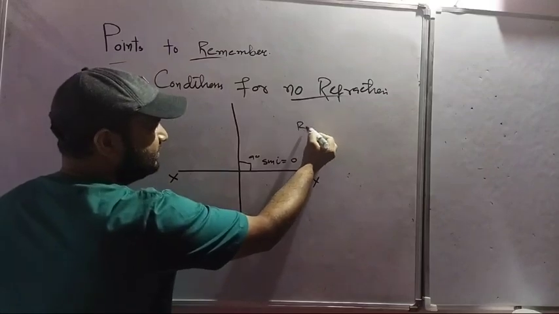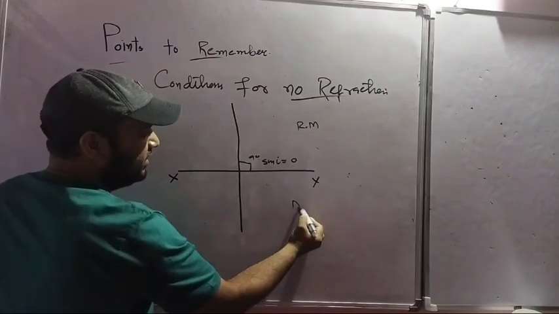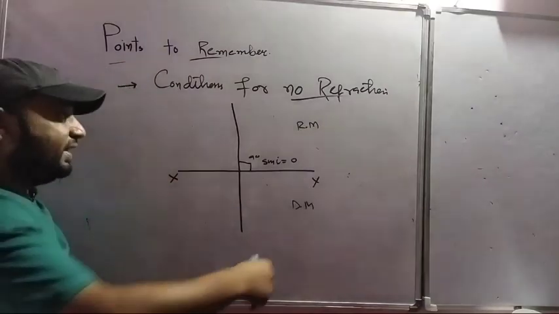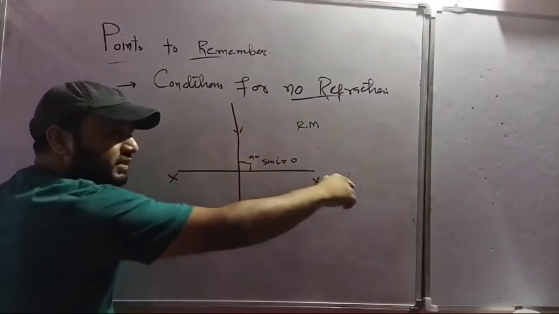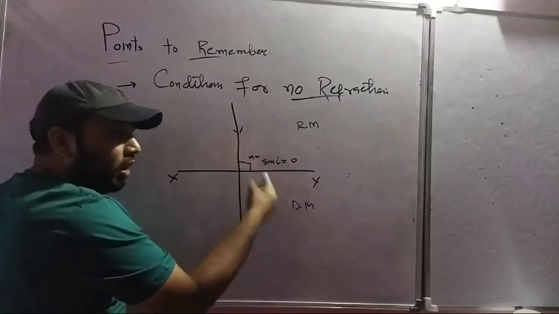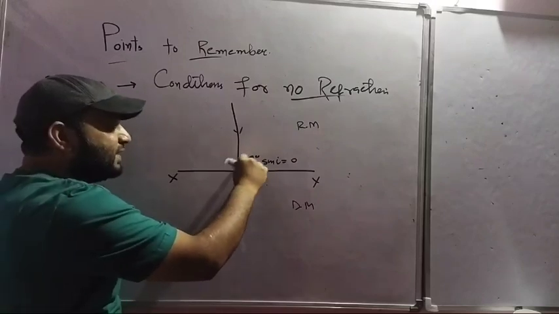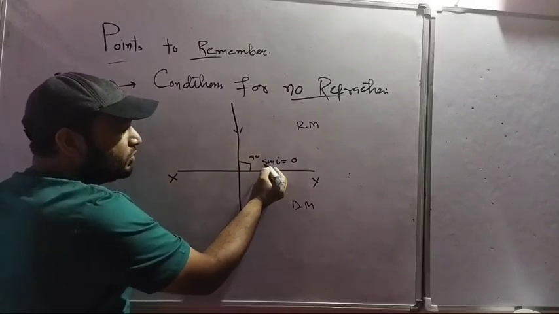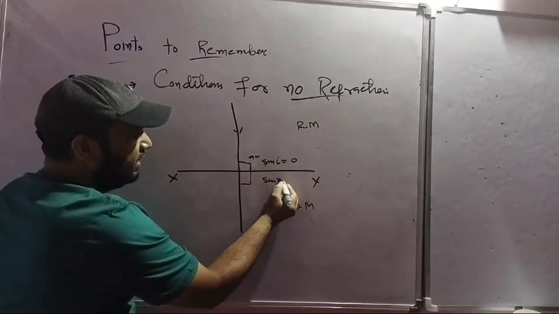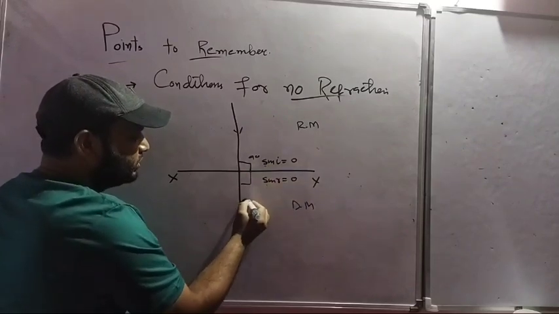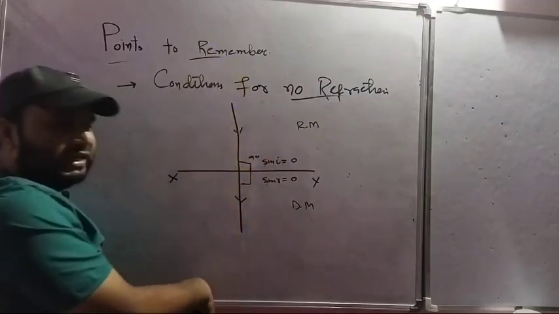Say for example this is a rarer medium and this is a denser medium, but the incident light this time is normal to the plane. You can see this is normal. What does it mean? Normal means the angle is 90 degrees, so sine i will be 0 and sine r will also be 0, so it will go along a straight line.